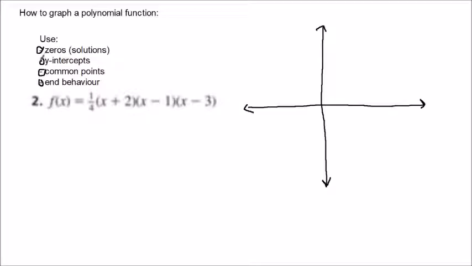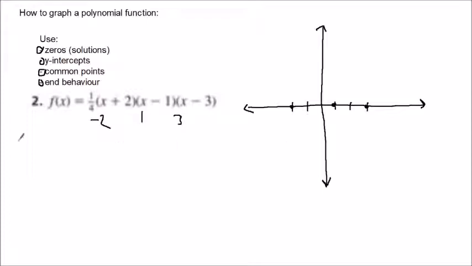So for example, zeros in this case would be -2, 1, and 3, since all of those will make the equation 0. So 1 is a 0, 3 is a 0, -2 is a 0.